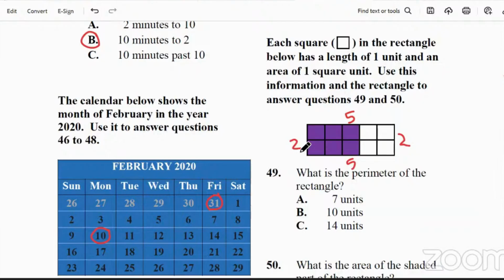So there are 2 ways to do perimeter. For regular shapes, we can use a formula. The formula is perimeter equals length plus width, times 2.